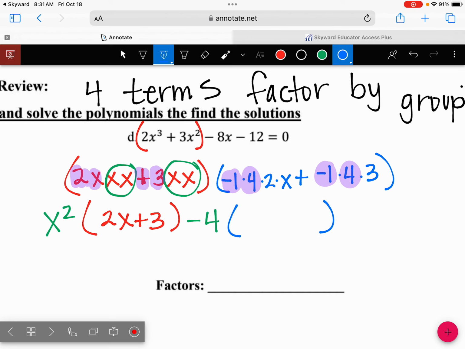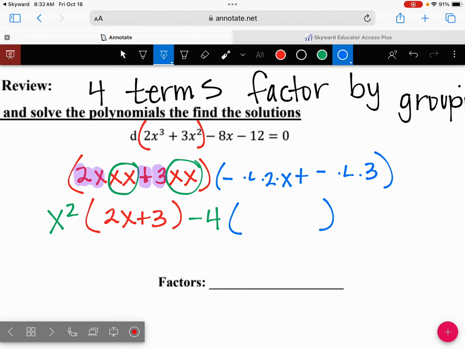And then what's left over, so we have negative 1 times 4, which is negative 4.